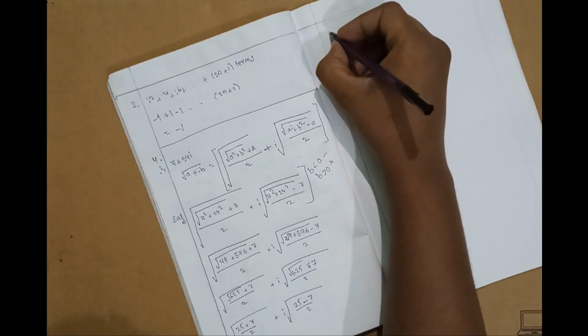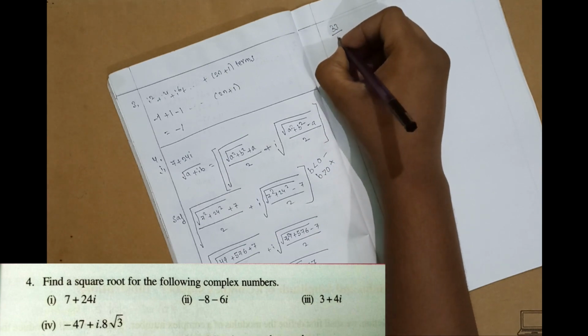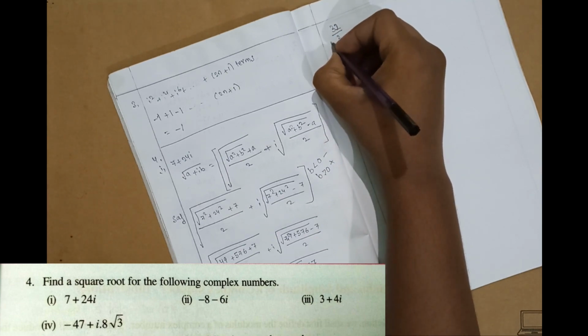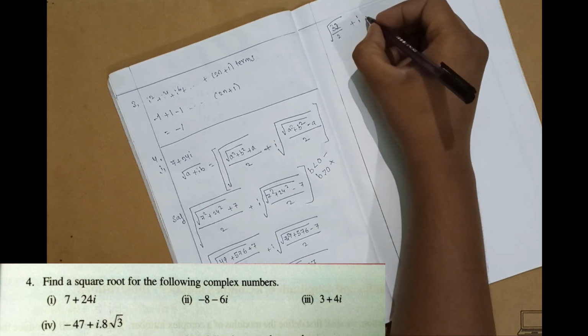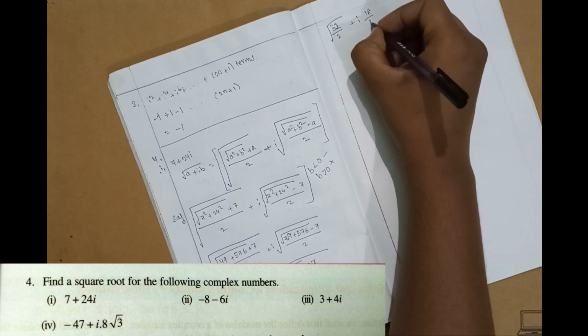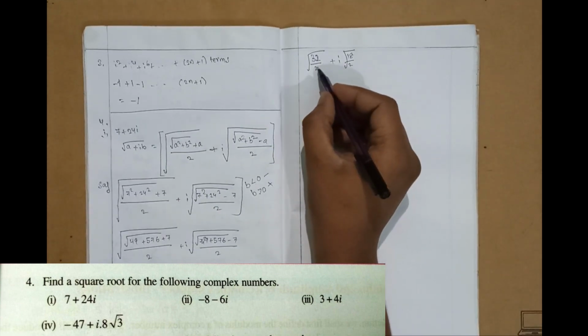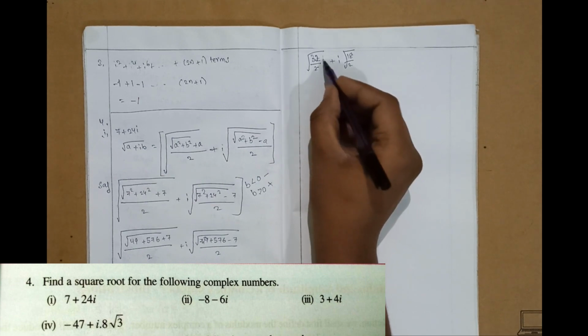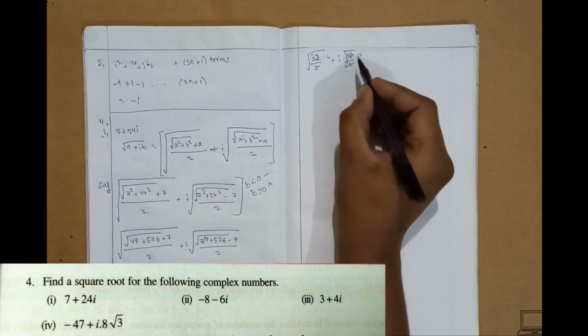Then the answer is 32 by 2, root 32 by 2, plus i into root 18 by 2. 2 ones are 2, 16s are, 2 ones are 2, 9s are.